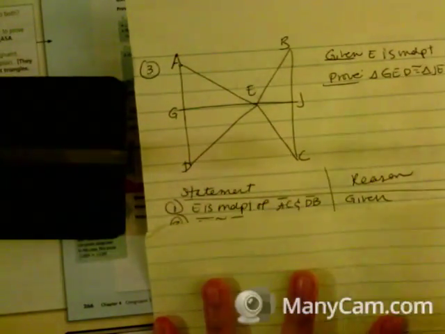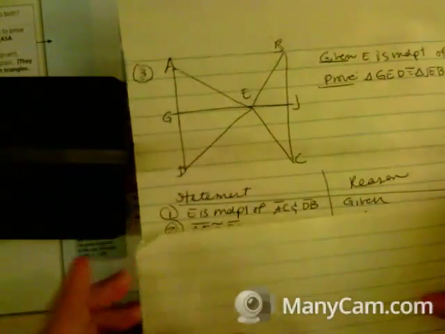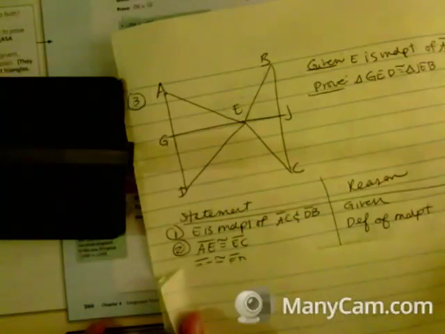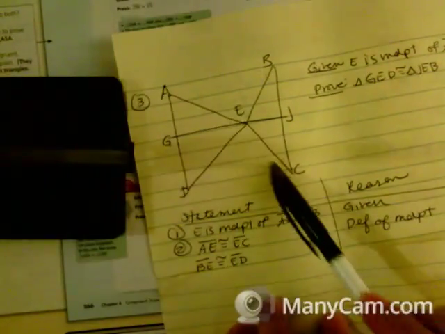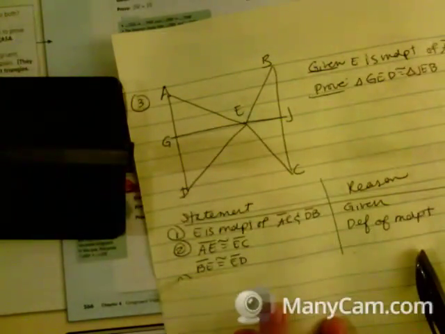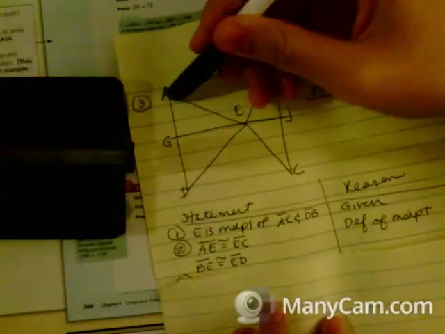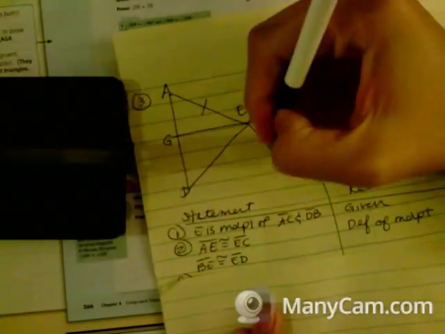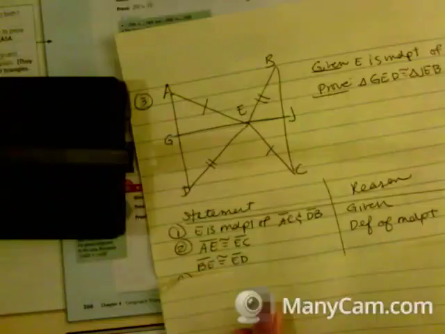E is the midpoint of AC and DB, because that's the given. Alright, so after we do that, we can automatically say that AE is congruent to EC and BE is congruent to ED because of the definition of a midpoint. Now we have this side congruent to this side, and this side congruent to this side. So now we have two sides.